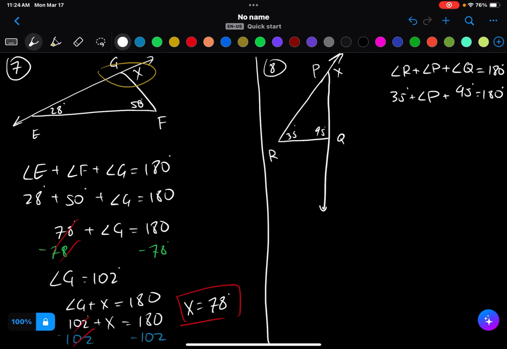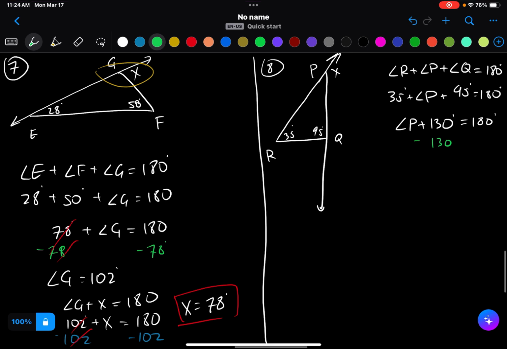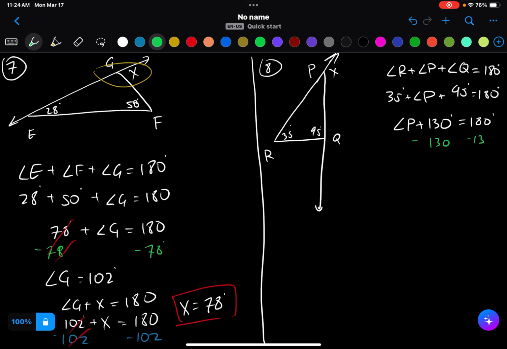So 35 plus 95, that's going to be 130. So angle P plus 130 degrees equals 180. And if I were to subtract 130 from both sides, these go away here, boom, boom. And angle P ends up being just 50 degrees.